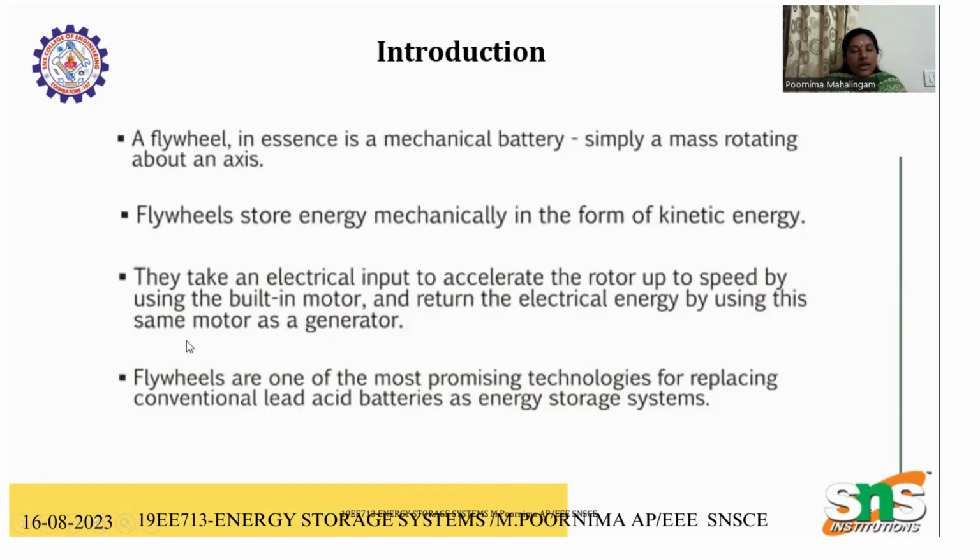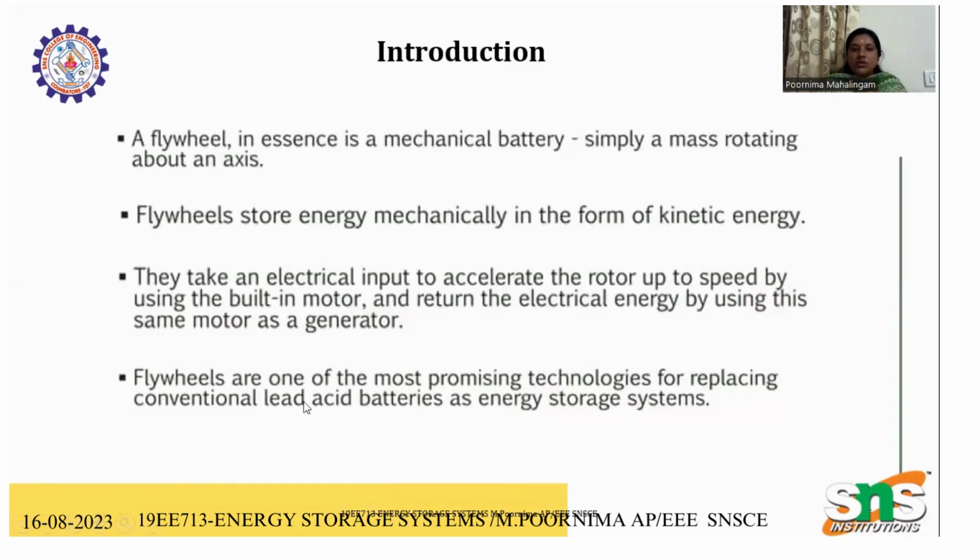Here we have a motor and generator setup. It takes the input as electrical energy, stores it in the form of mechanical energy, and again converts the mechanical energy to electrical energy. So we need a motor to convert electrical energy to mechanical energy, and a generator to convert mechanical energy to electrical energy.